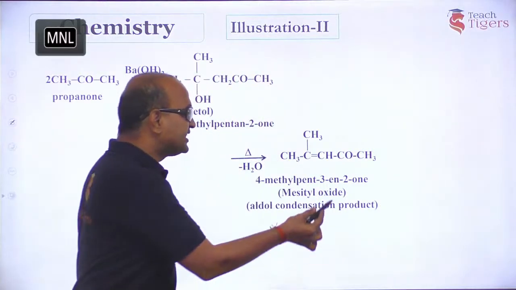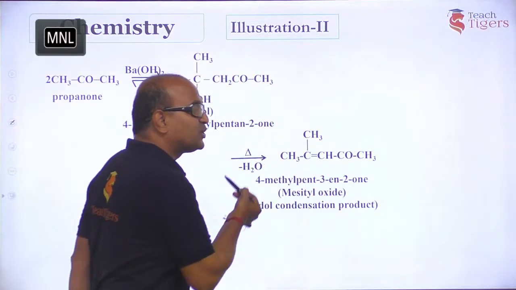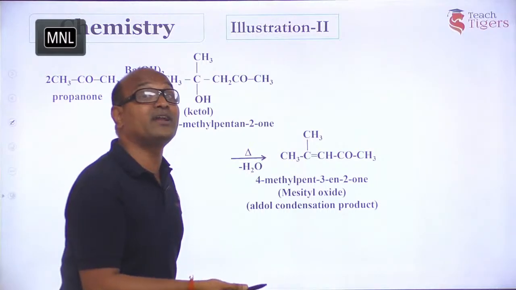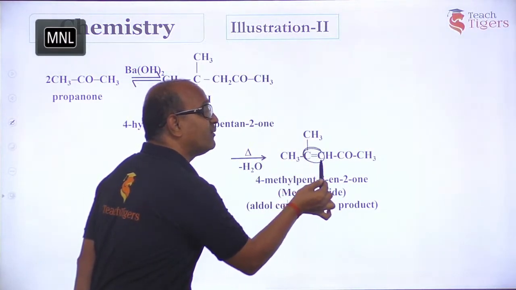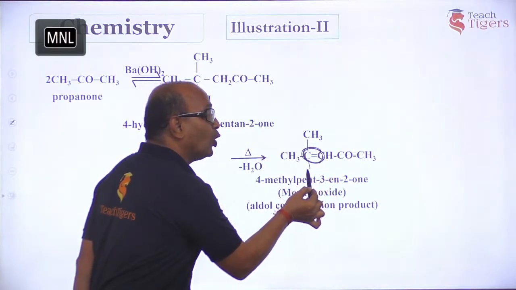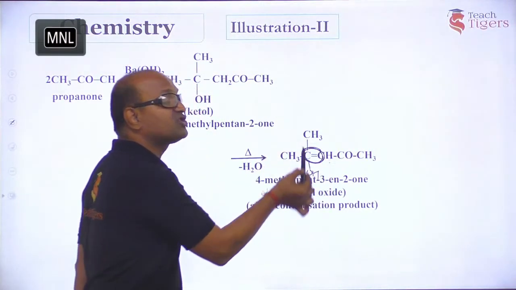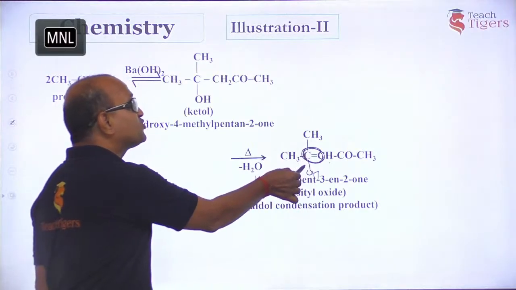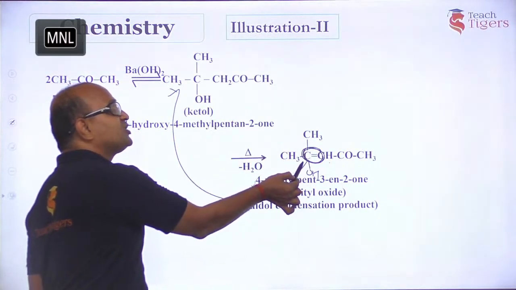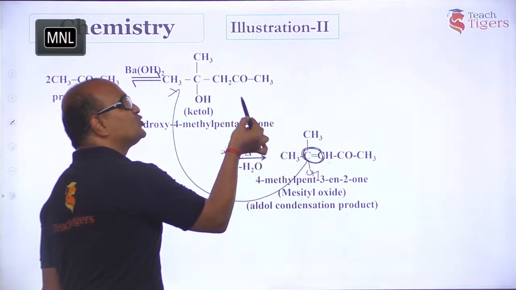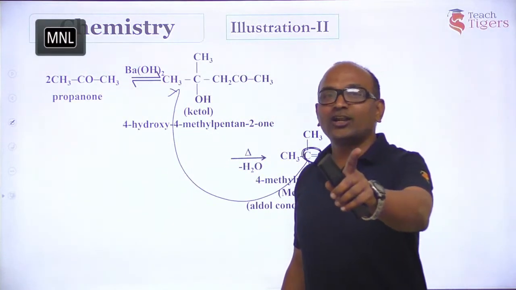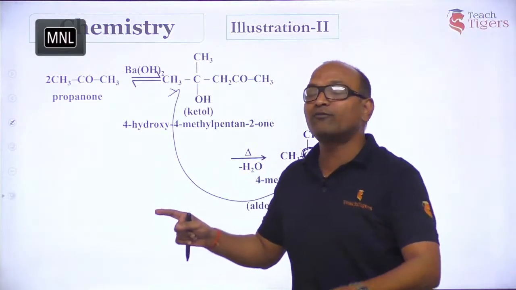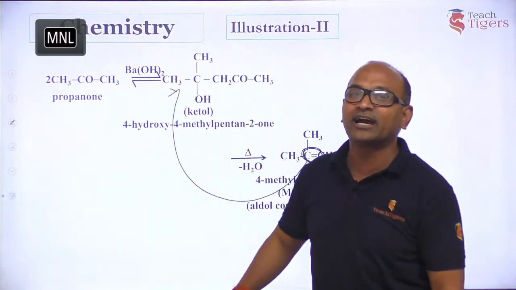How do you do it? Since this is alpha beta unsaturated, which is obtained by heating beta hydroxy, first identify whether this is alpha beta. Yes. Add OH to the beta carbon and H to the alpha carbon. That's what I have done. I have got this. And I told you in aldol condensation reaction there is a new bond formed between alpha carbon and carbonyl carbon.